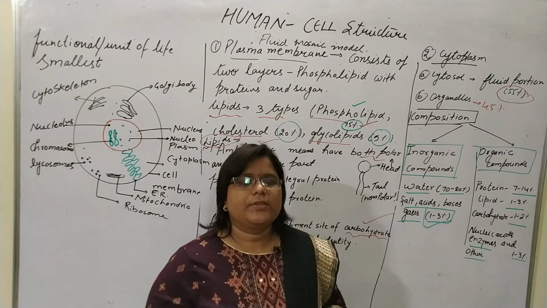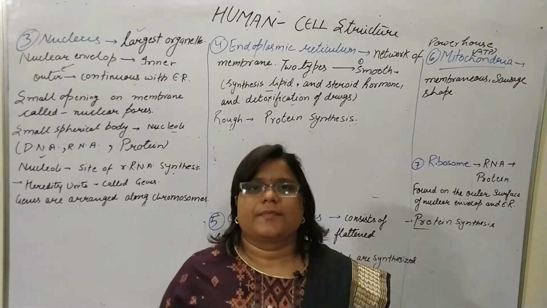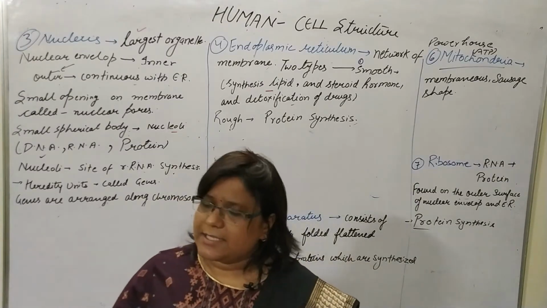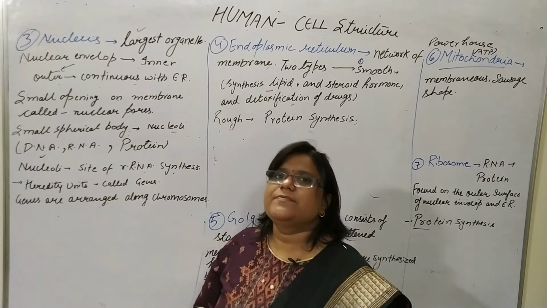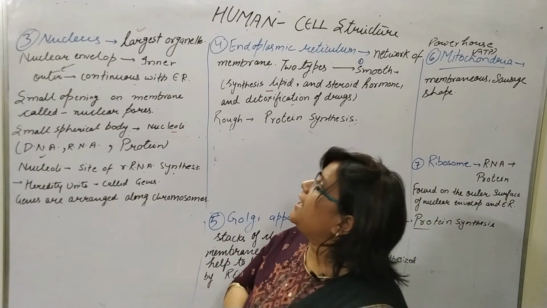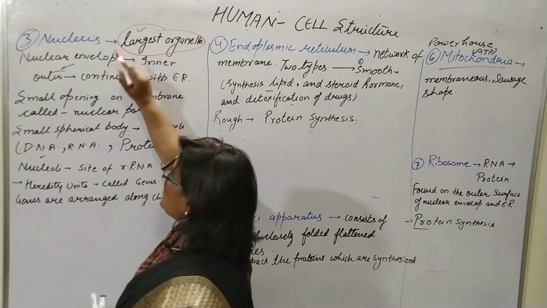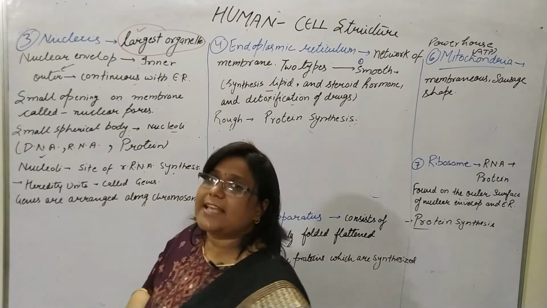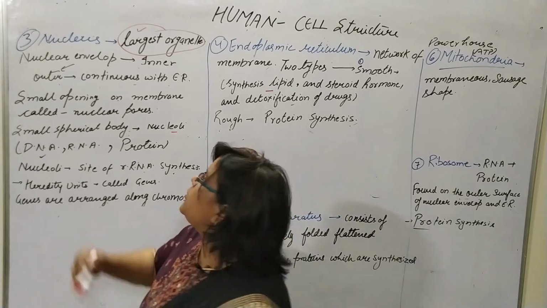Now we will discuss the other cell organelles which are very important in the aspect of cell structure. Let us now talk about the other cell organelles. The next is the nucleus. As we have already stated, the nucleus is the center of the cell and it is the largest cell organelle. The nucleus is surrounded by the nuclear envelope.